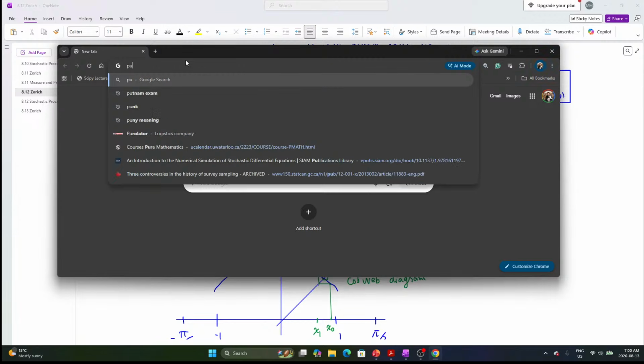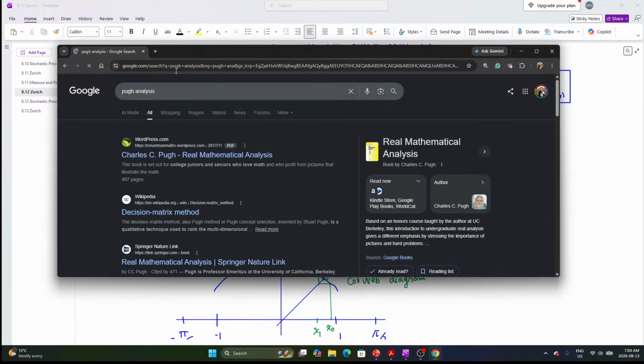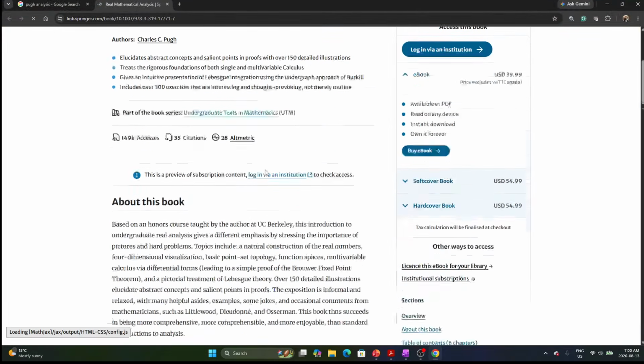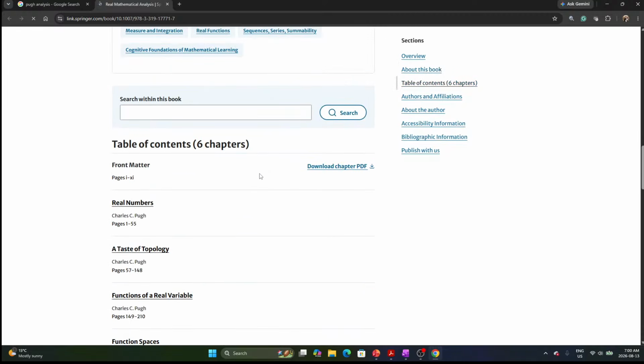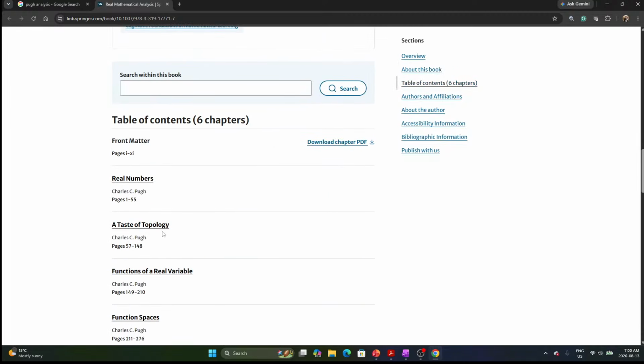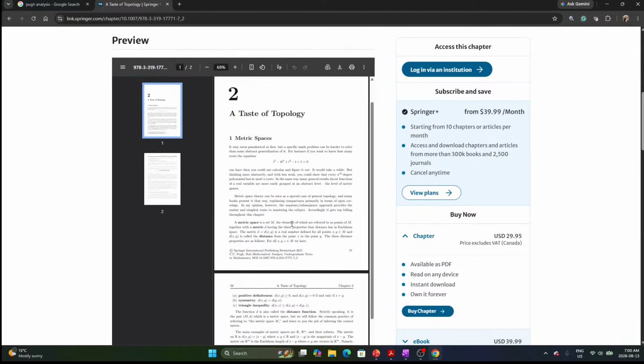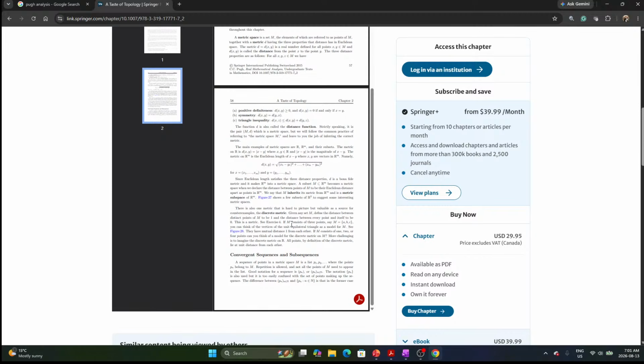Pugh, Real Mathematical Analysis. What's the contents list? The real numbers, a taste of topology. This is very similar to Rudin. Rudin also puts topology, like metric topology, in the second chapter. Is there any preview here? Yeah, metric spaces. This is very similar to Rudin, at least when it comes to initial organization.